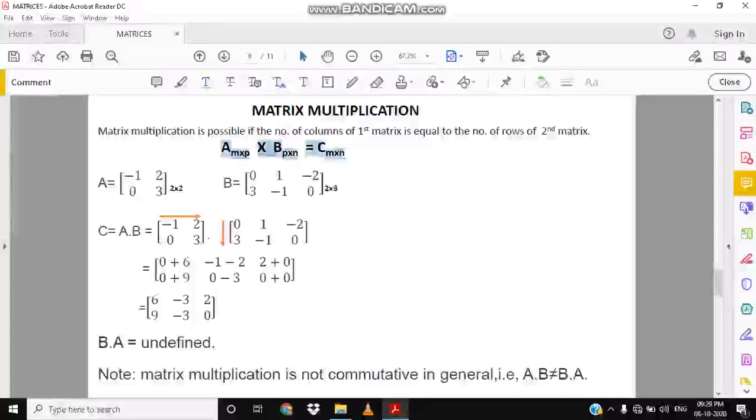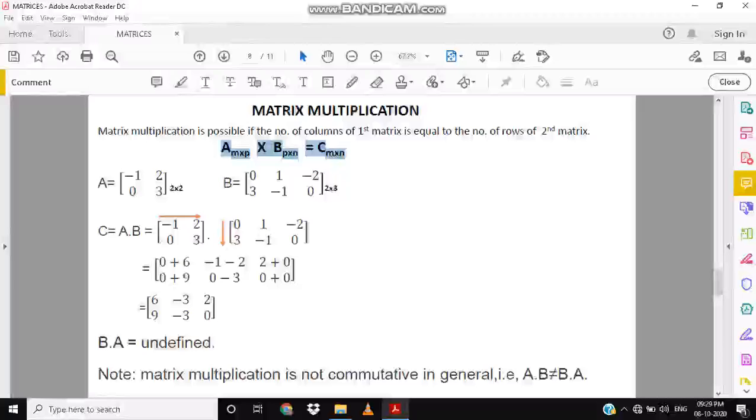See this expression. Here M is the number of rows for A and P is the number of columns for matrix A. And in B, P is the number of rows and N is the number of columns. After multiplying, we get a result, matrix C, whose number of rows is M and number of columns is N.